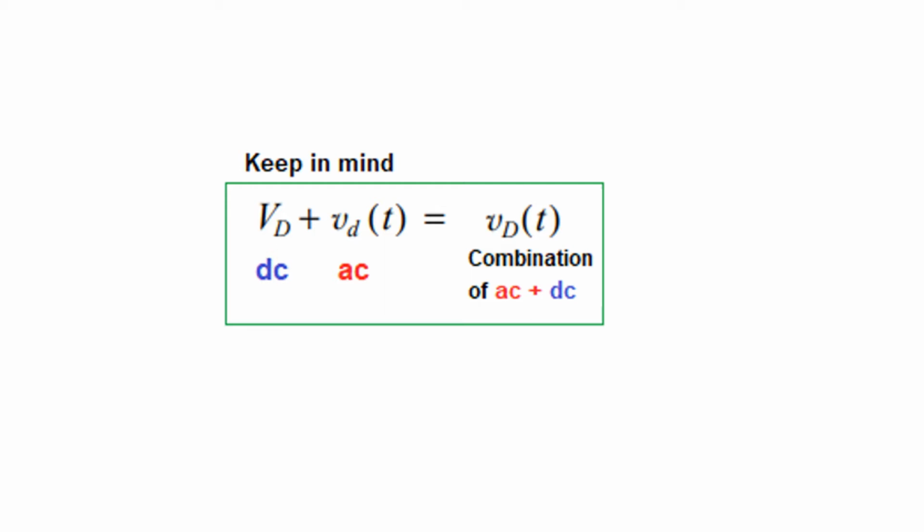When both of the signs are in small letters, then this represents AC. And when there is a combination, that is small and capital, that is AC and DC. So this is a combination of AC and DC. So keep this point in mind. I'll keep on reminding as well.